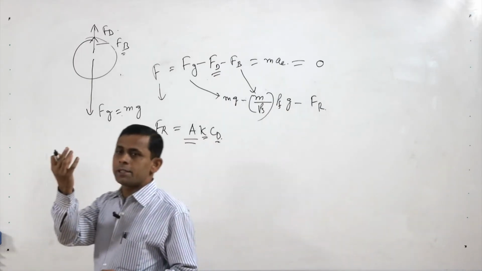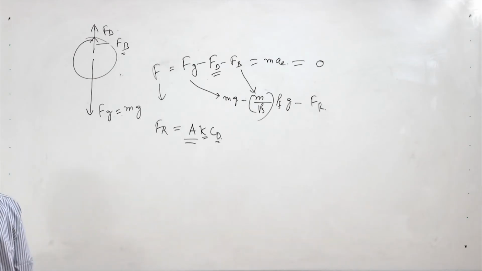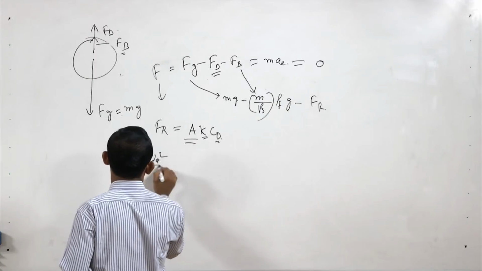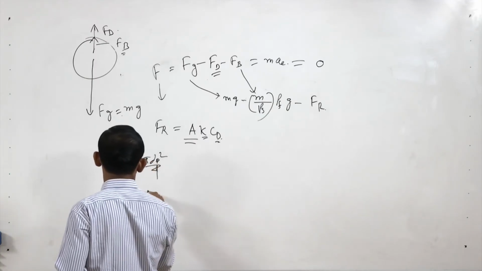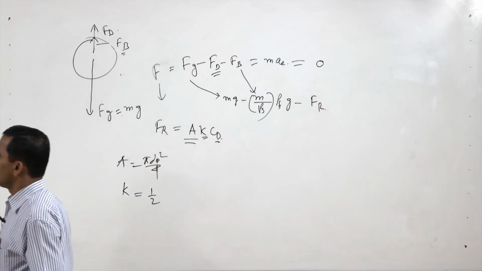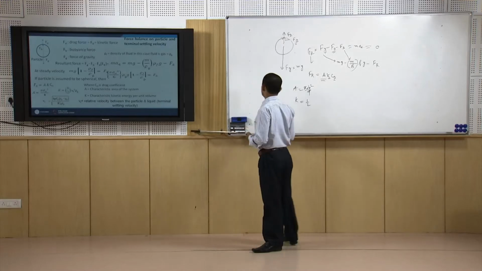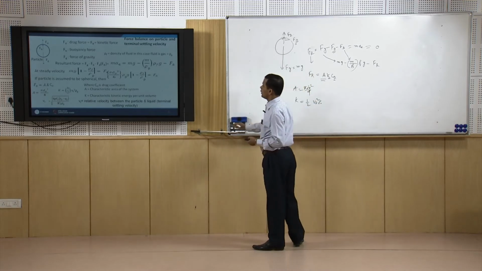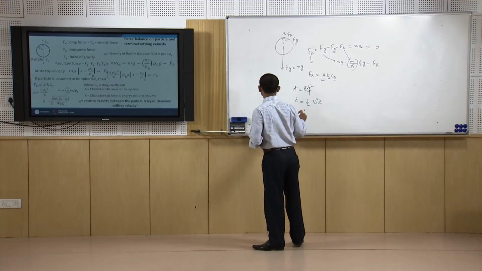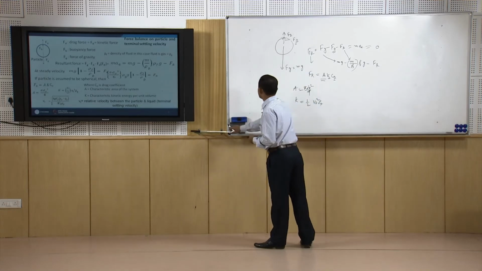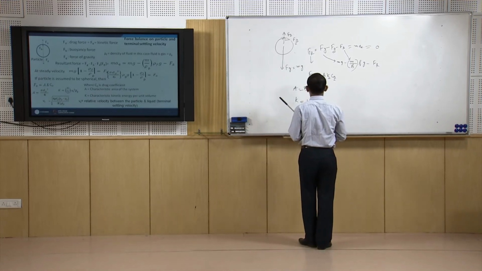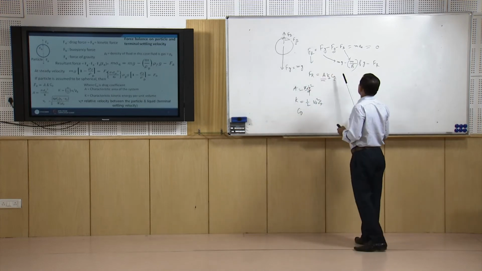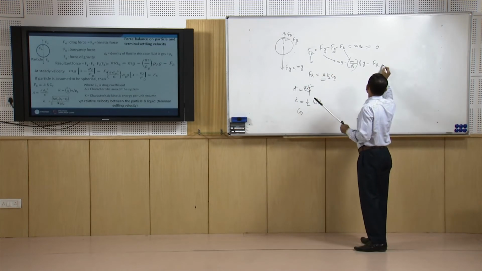If the particle is spherical, then A is equal to pi dp square by 4, and K is equal to half into Vt square into rho g. These are the values of K, and Cd is the drag coefficient.